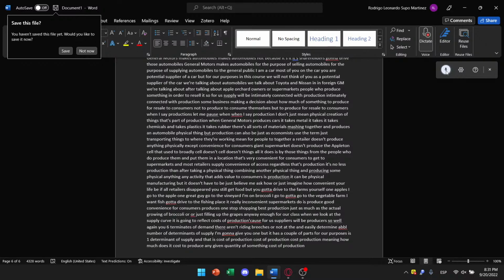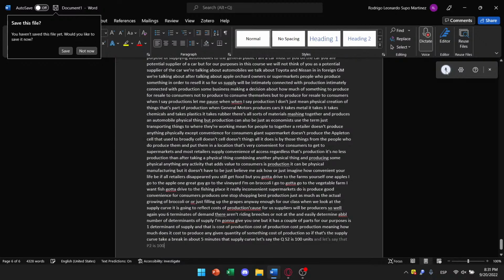So if that's the supply curve, we'll take a break in about 5 minutes. Let's say that QS2 is 100 units, and let's say that P2 is $100.